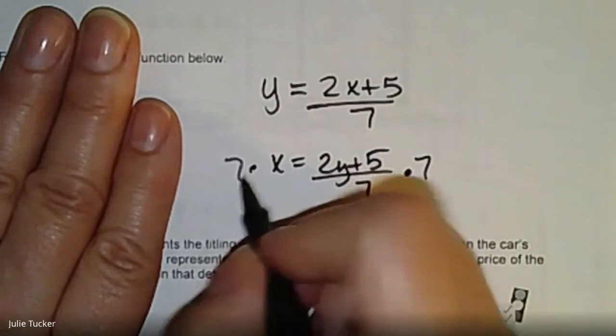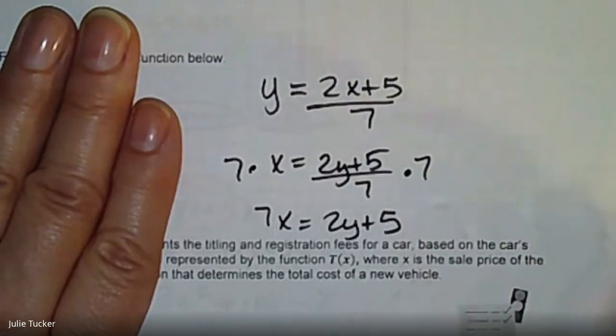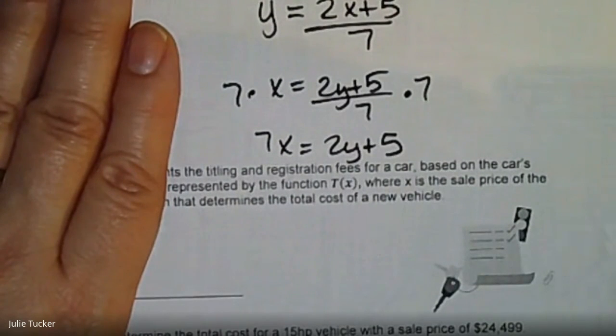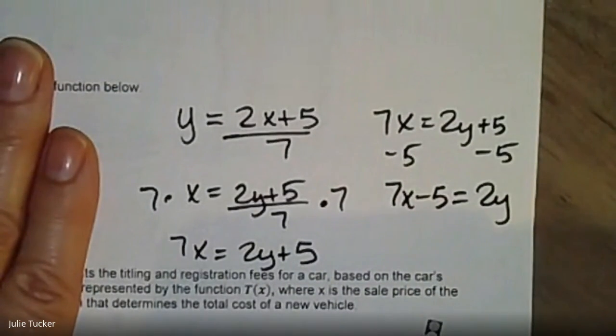Good. Now what? Minus 5. Okay, now what? The one.